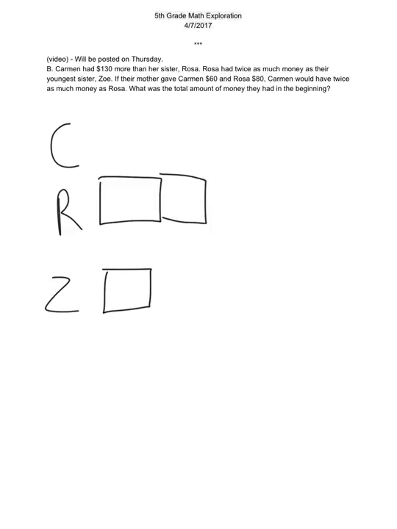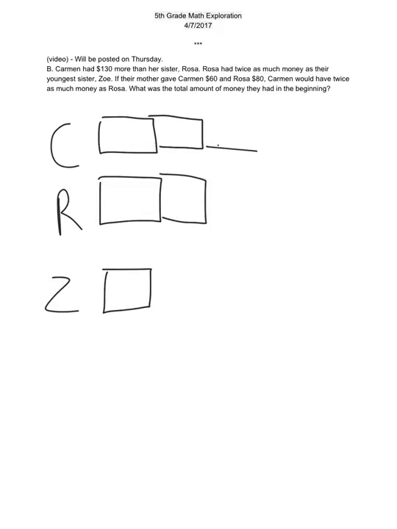Now we're going to come on back to the Carmen clue. Carmen's got $130 more than her sister Rosa, so that means Carmen does also have 2 units. But on top of that, she's got $130 more. Now, at this point, you might have to play around with how much that 130 should be as far as making a unit bar.